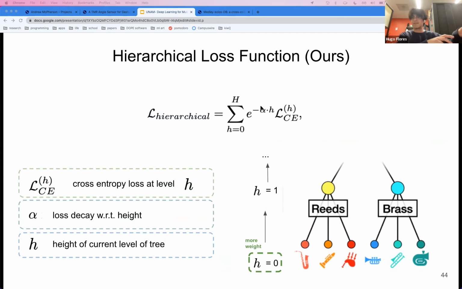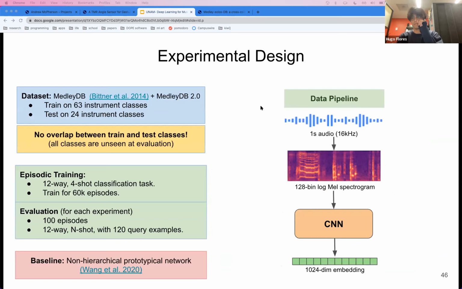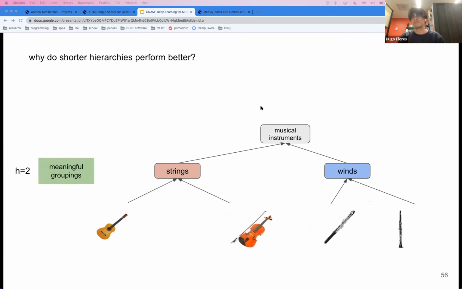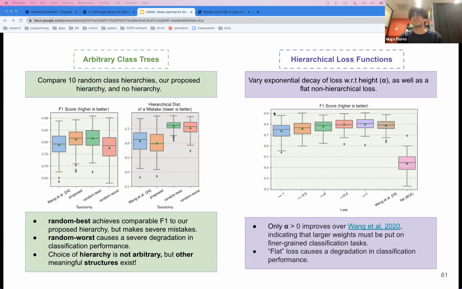Here, negative values of alpha would give more priority to the coarse level, like strings and winds and percussion, and a positive value of alpha would give more priority to the lowest level, like cuatro or guitar, violin, flute, etc. Because the task that we care about is the lower level, what does best is, as you increase positive values of alpha, you get better performance.